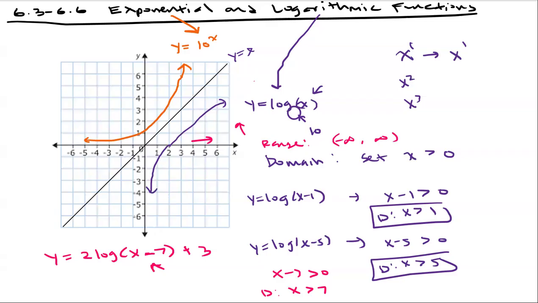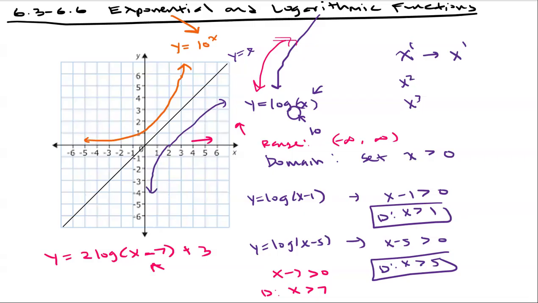That's what the plus 3 does. And then the 2 is just going to extend that by a factor of 2 in the y direction. So basically, this graph is going to look like something up here somewhere if I extend this coordinate plane.